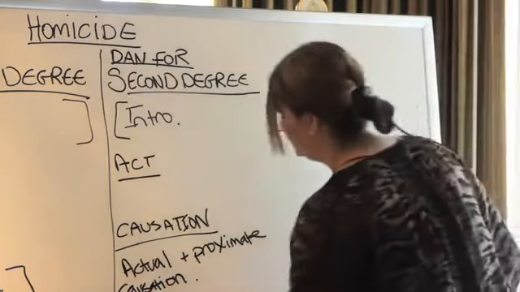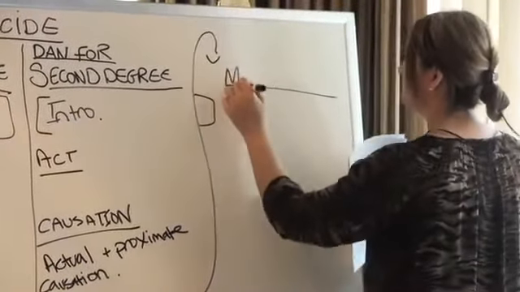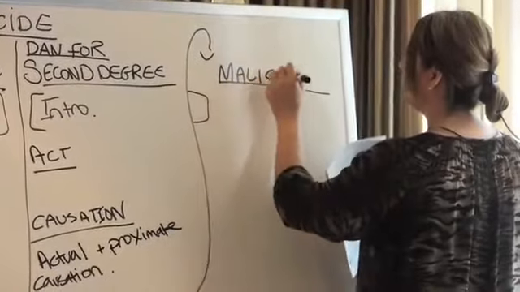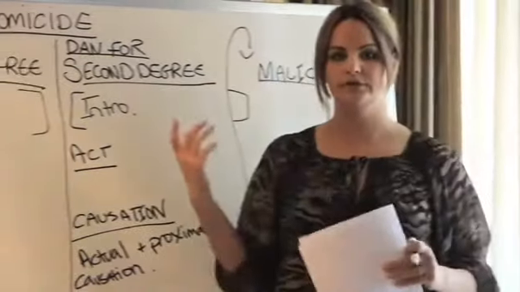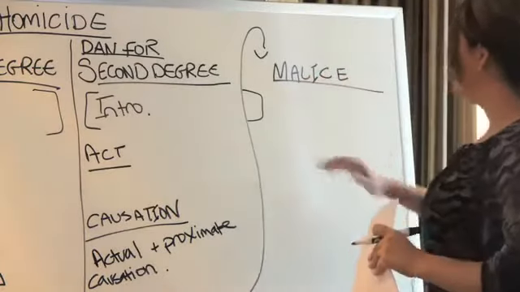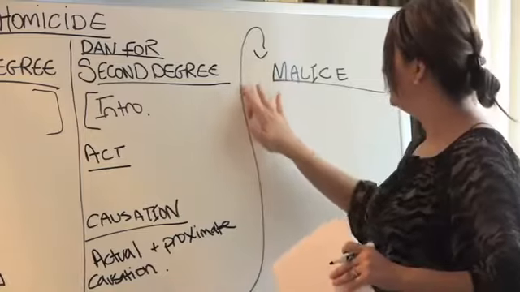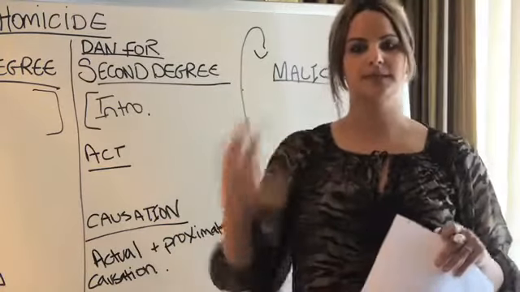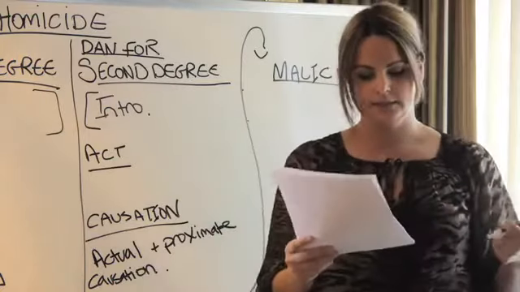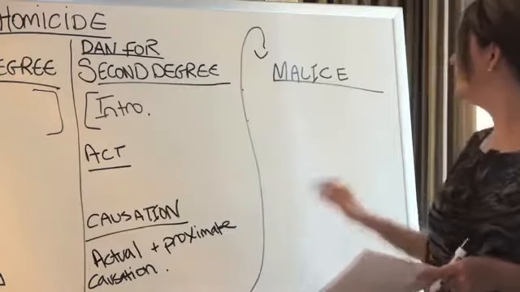Next, you have to establish malice. Now, any one of the 4 types of malice will suffice for a second-degree murder conviction. But there's a trick to know which ones you have to go into. The first 3 types of malice will always come together: intent to kill, intent to inflict great bodily injury, and reckless disregard.